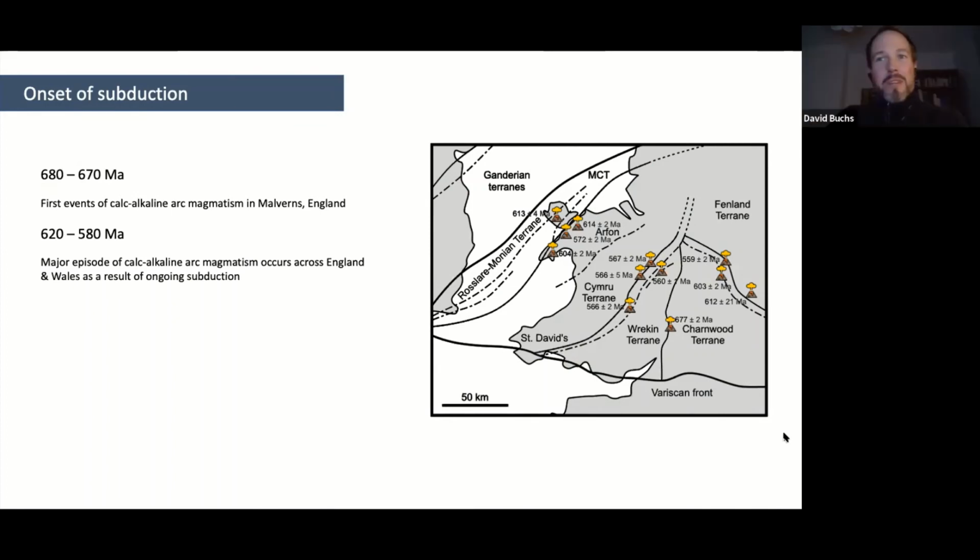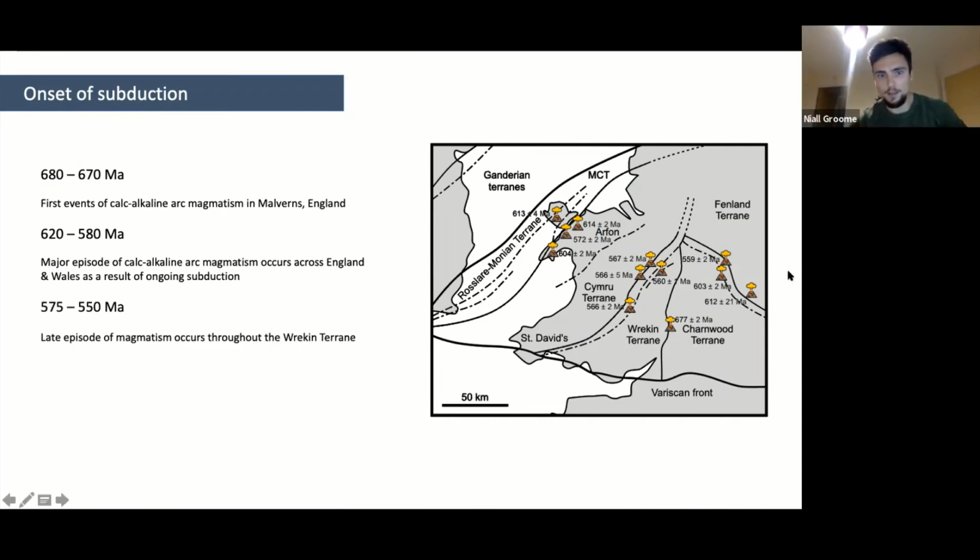I'm not even sure I could place it on the map. I think it might be slightly out here. I think it's one of the locations which is just boreholes. It would make part of the Fenland terrane, which we only know from boreholes, so we can't really say a lot about it other than it's there.